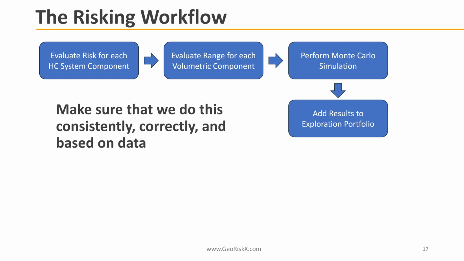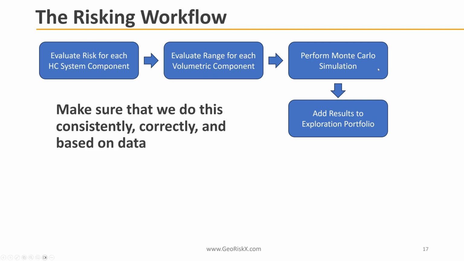So, there are really only two things that you have to do, and then the software and the system is going to do the rest for you. You need to accurately assess and consistently assess the risk for each hydrocarbon system component, and then you need to evaluate the range of volumetric outcomes.